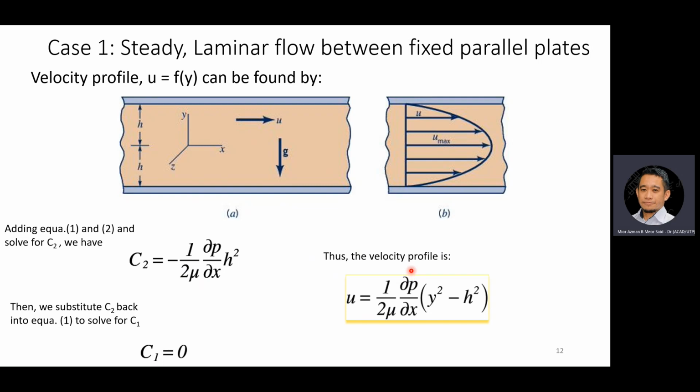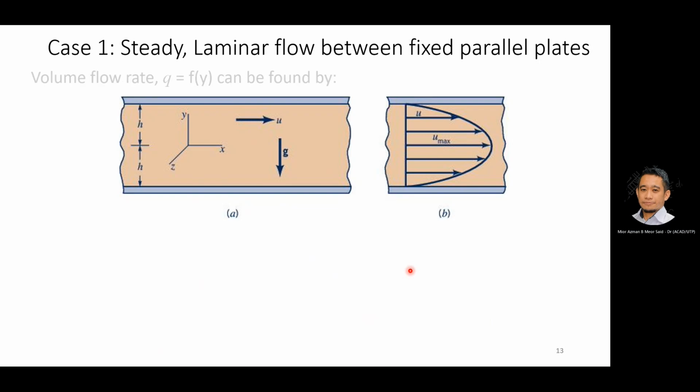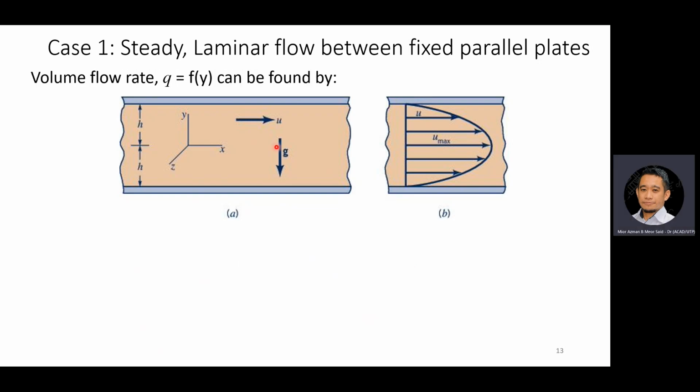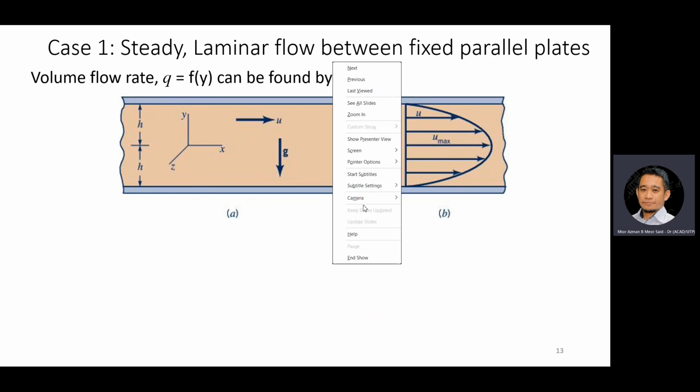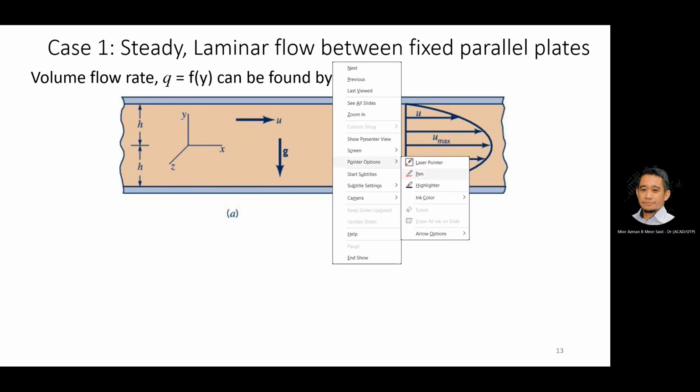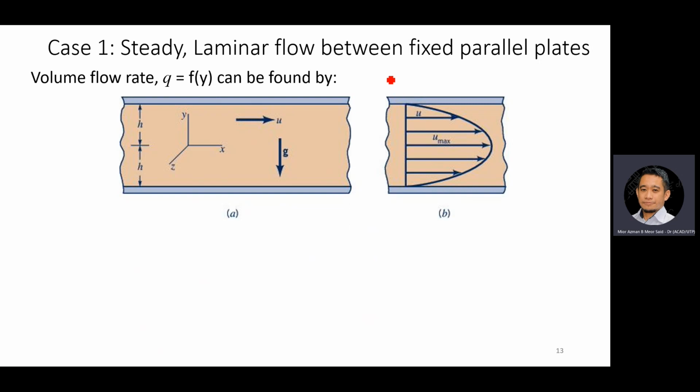Okay, so there are other parameters that we can use once you know the velocity profile that are normally asked in fluid mechanics too. One of them is the volume flow rate, Q. I think you know what the volume flow rate is from your fluid mechanics one.